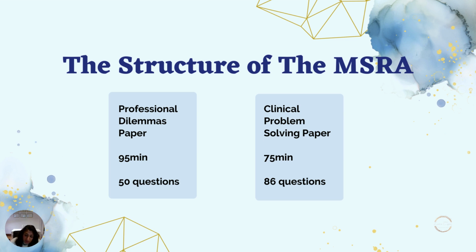The clinical problem solving paper is a test of breadth, I would say. It tests the breadth of your knowledge, not depth. So if you're switching from core surgical training to radiology, for example, and you've taken the MRCS, there are surgical questions, but it's not going to be at the level of detail that you found in the MRCS.